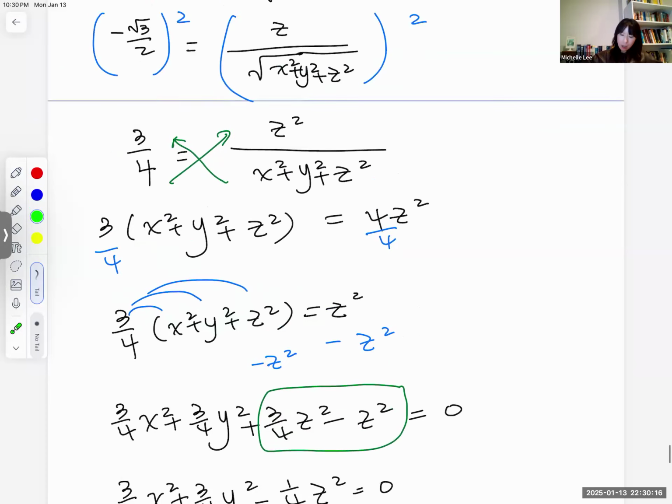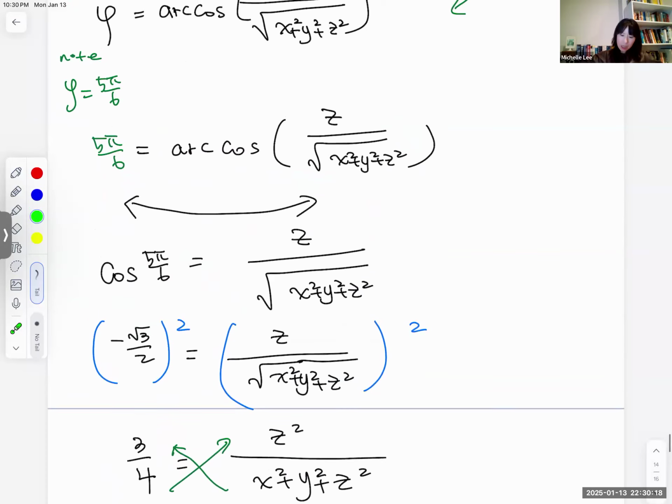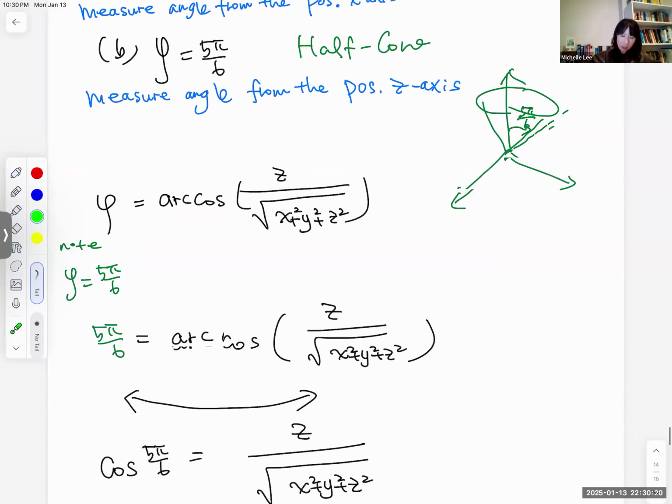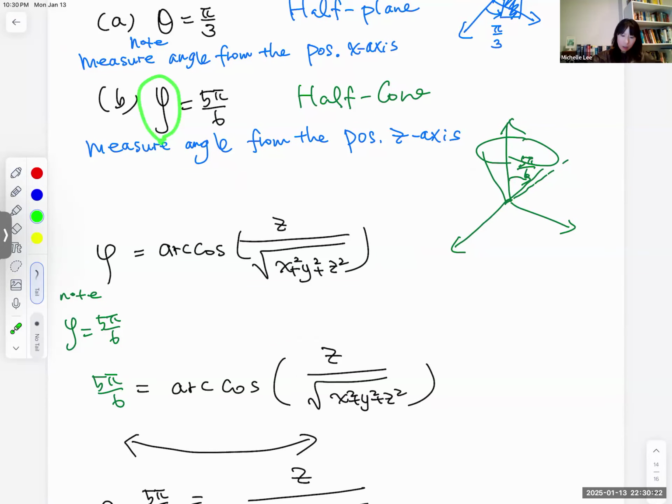But then we have to measure phi from the positive z-axis, right? So once again, if we measure phi from the positive z-axis, then that will be pi, right? And then in that case, that will be pi/2.